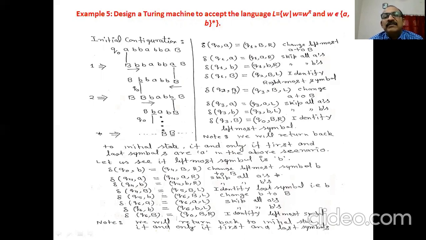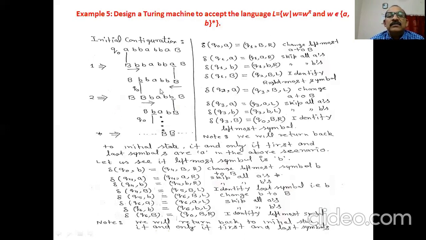Here we have identified the last symbol, and it must be a. So machine in state Q2, input is a. What will we do? The machine changes its state from Q2 to Q3, replaces this a by a blank and moves in the left direction.